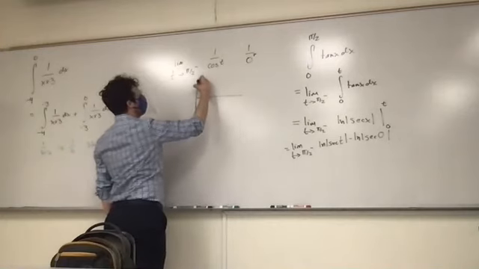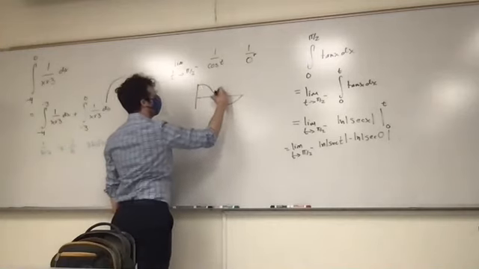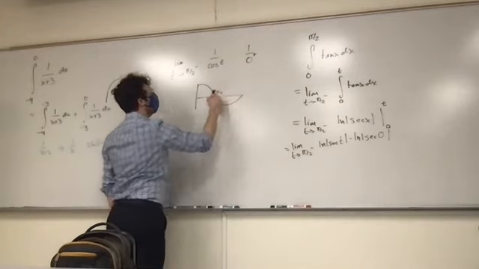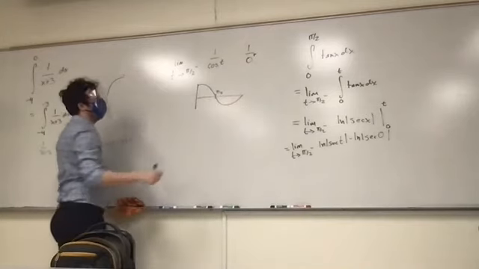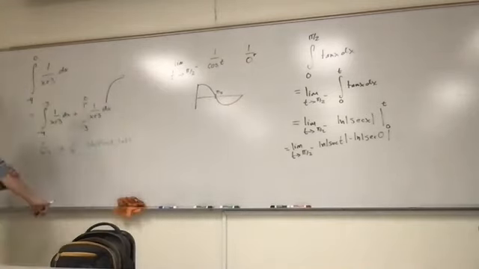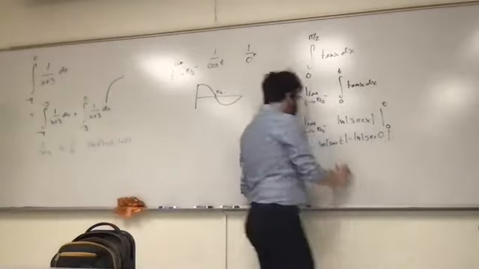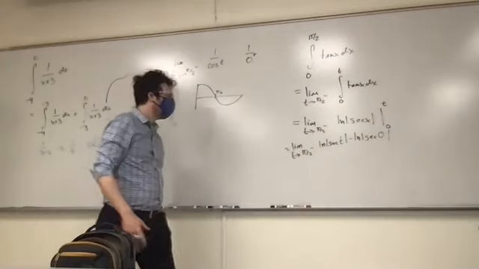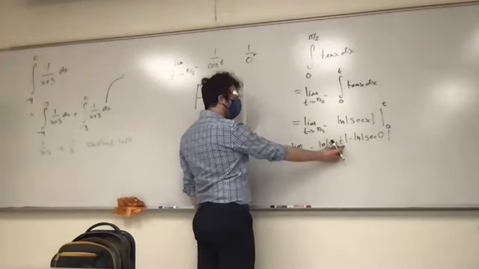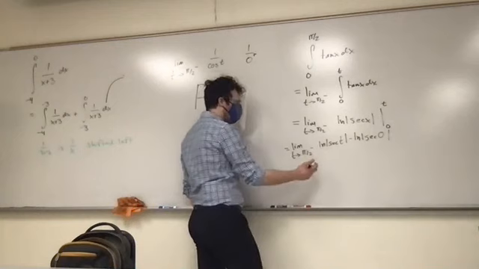Or graphically, cosine is looking like this. This is pi over 2, and to the left of it, cosine is positive. So whatever's happening, the form of this limit is that the thing inside the natural log is going to infinity.